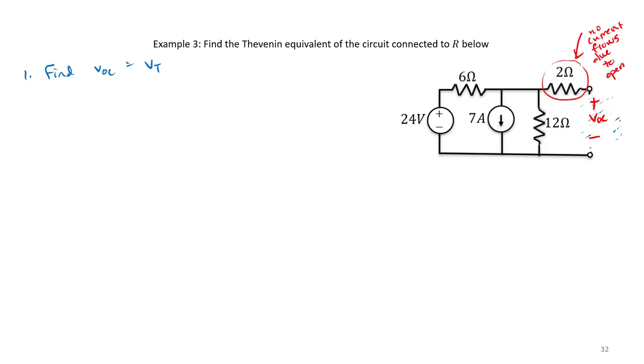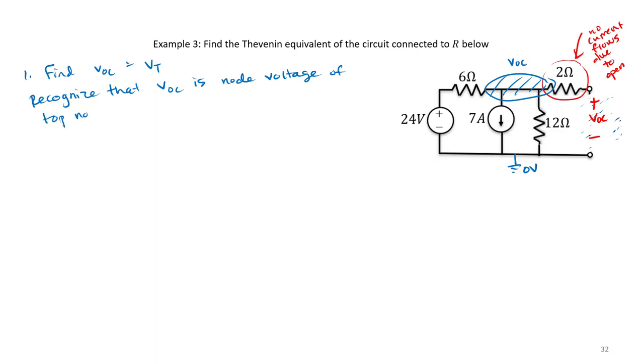So it turns out, once again, if we let a ground be down here, we can recognize that in this case, VOC is the node voltage of the top node relative to the ground.